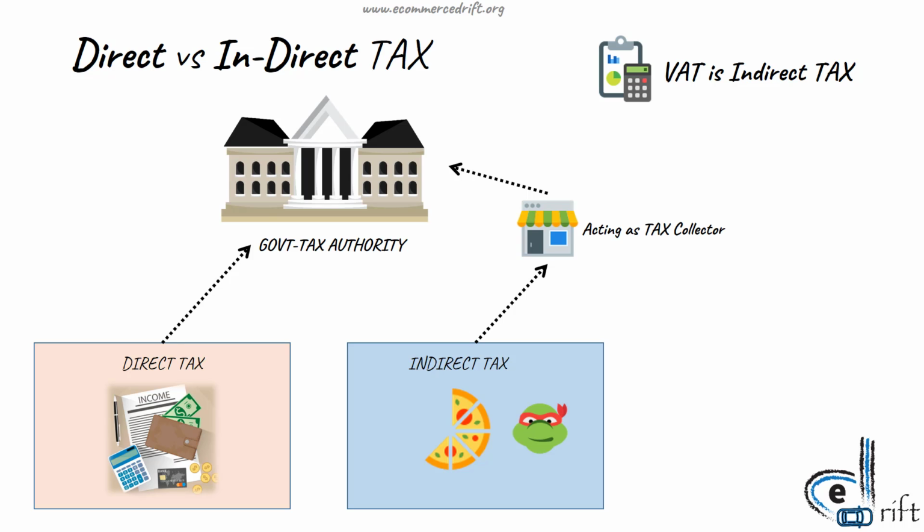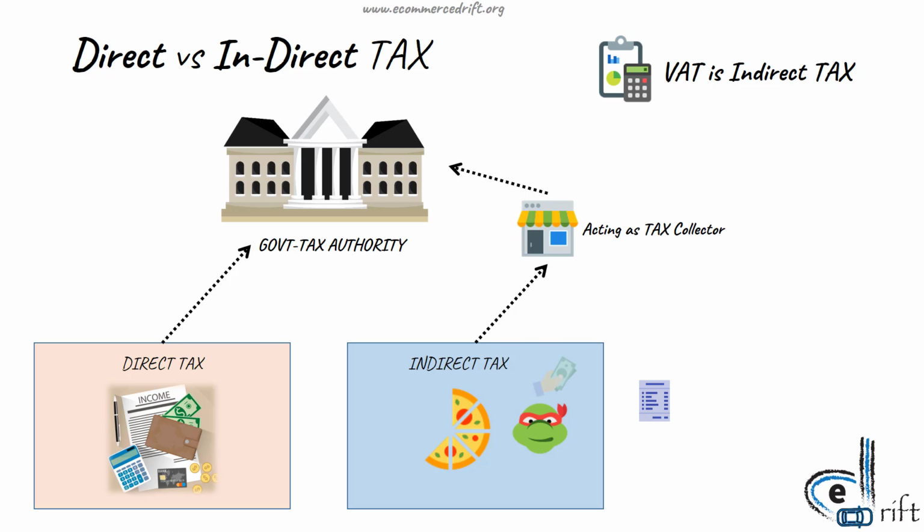In this example, it's a pizza shop. Now, Raphael here, the character from the Teenage Mutant Ninja Turtles, is eating a pizza. Soon after he finishes his pizza, he's going to be shown a bill that says, okay, this much is the cost of the pizza plus this much is the tax.